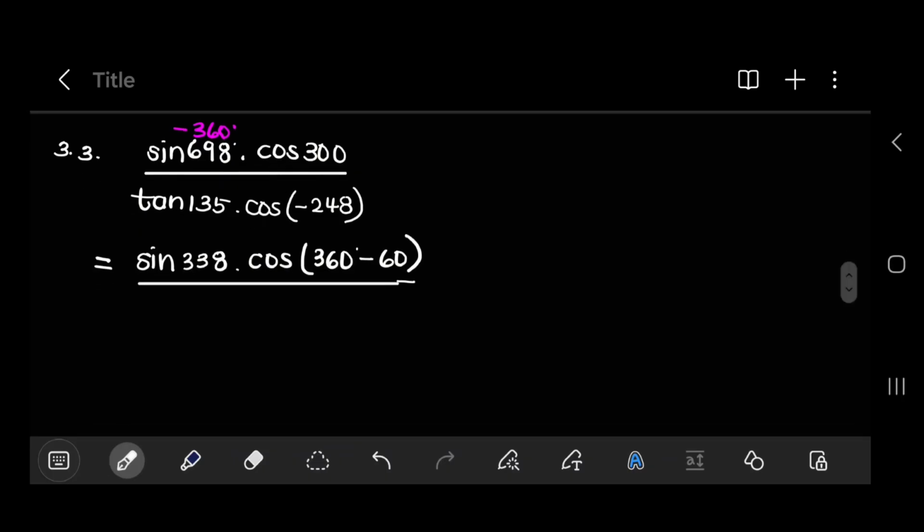In the denominator, we have tan 135. 135 lies in the second quadrant, where we're going to use 180 minus. That'll be 180 minus 45 degrees. Next, we have cos of a negative angle. Cos of a negative angle is positive cos of that angle.